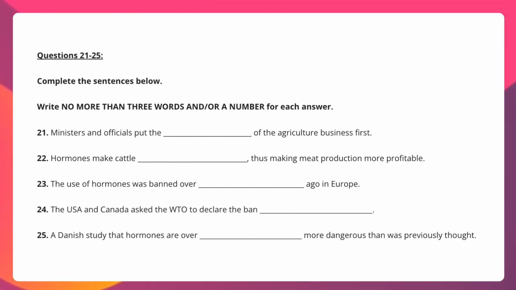The British government now backs the Americans, claiming that there is no proof that hormone-fed beef does any harm. This is where Mr. Verrill comes in. He is very angry with the government, especially as their claim comes out just after a Danish study shows that growth hormones are 200 times more dangerous than was previously thought. Worried by these findings, Mr. Verrill spoke to government representatives, who did nothing.